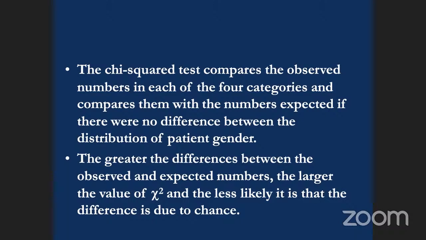So the chi-square test compares the observed numbers in each of the four categories with the numbers that are expected if there was no difference between the distributions by patient gender. The greater the difference between the observed and the expected numbers, the larger the value of chi-square and the less likely it is that the difference is due to chance.